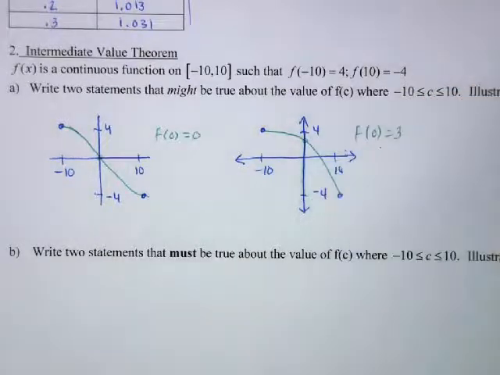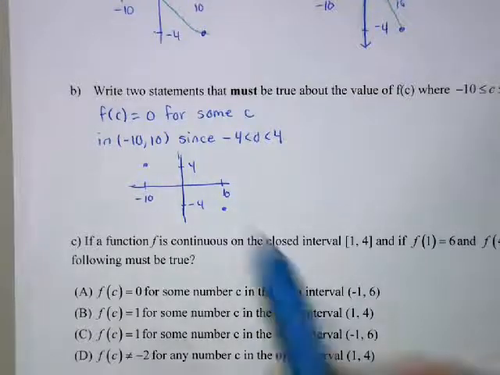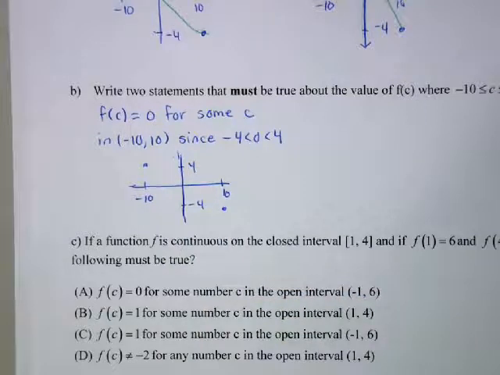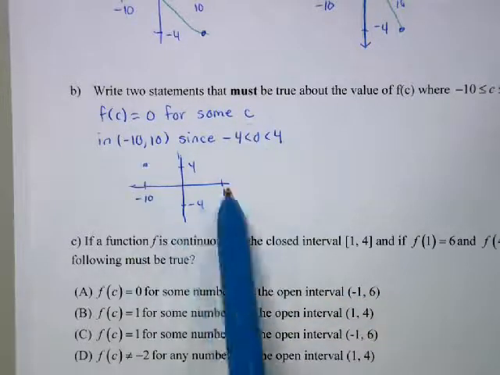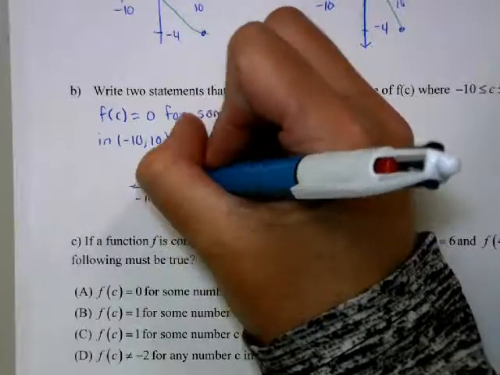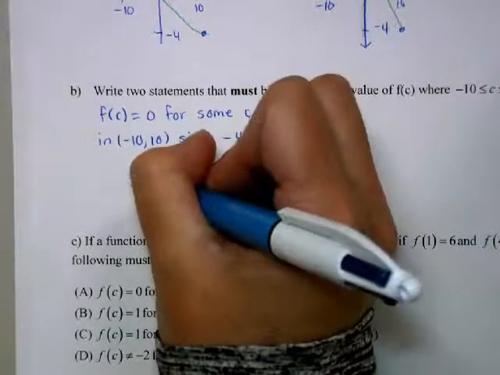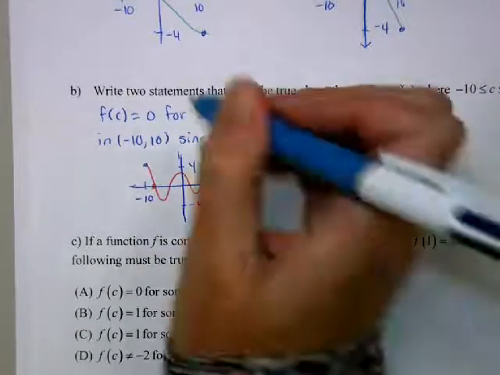Okay, so what must be true, and this is just an example of what must be true, f of c must equal 0 at some point between negative 10 and 10, since 0 is in between negative 4 and 4. So I could draw this graph a lot of different ways. Okay, it hits 0 a lot, but at least once it needs to hit 0. Okay, and then you're supposed to write 2, so you can write your second one. You just pick some other value here where it's between negative 4 and 4.